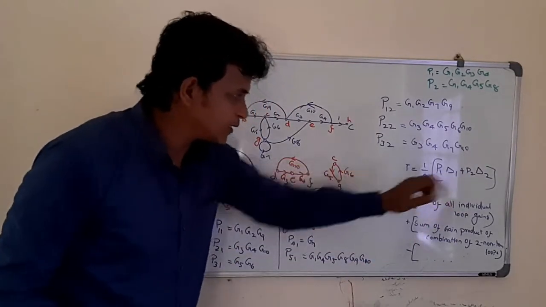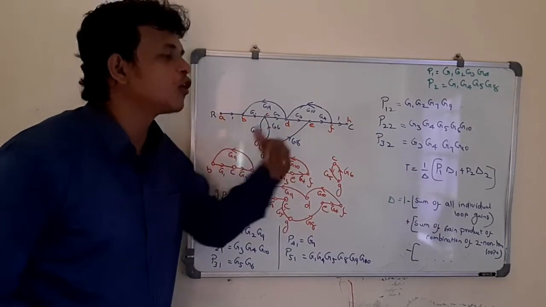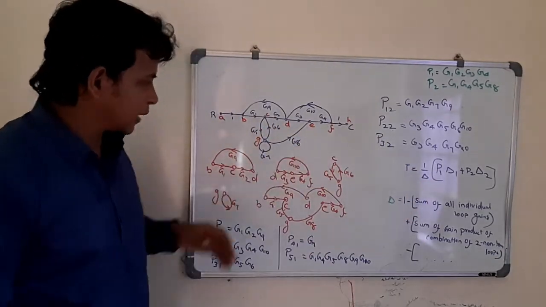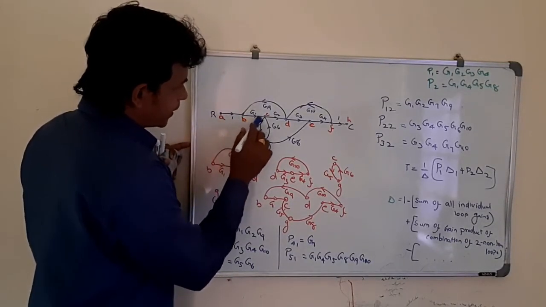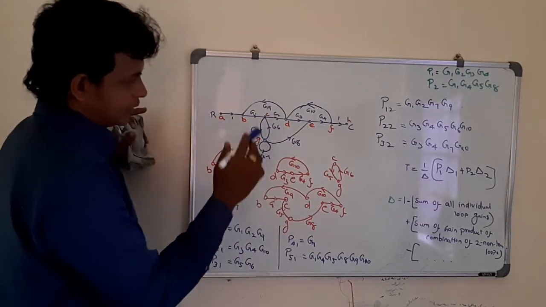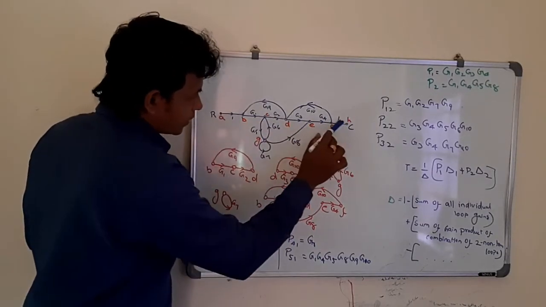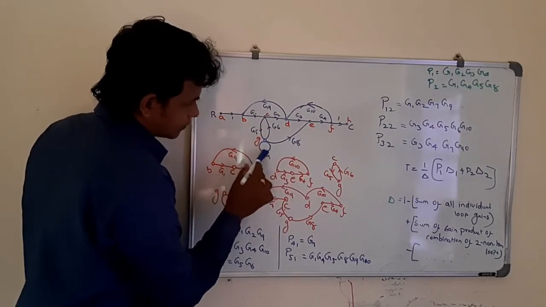Del 1 is del for the portion of the graph which is not touching forward path 1. Which is forward path 1? From A to B, B to C, C to D, D to E, E to F, F to H. In this forward path, the portion of the graph which is not touching is this one.